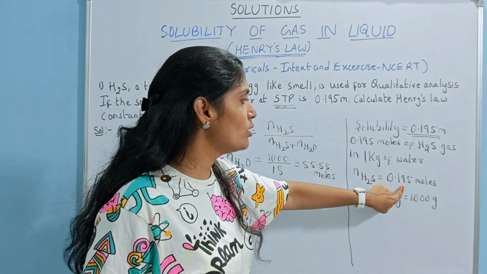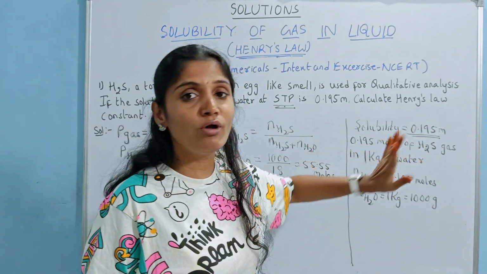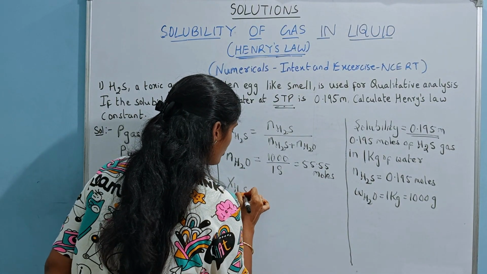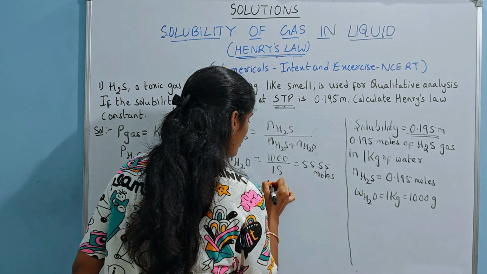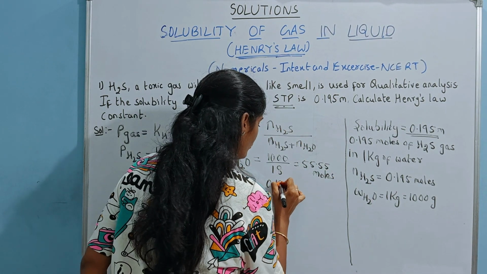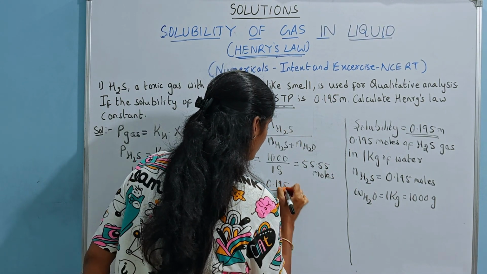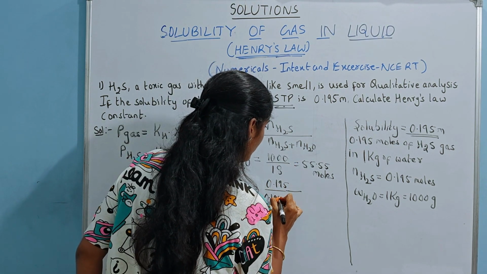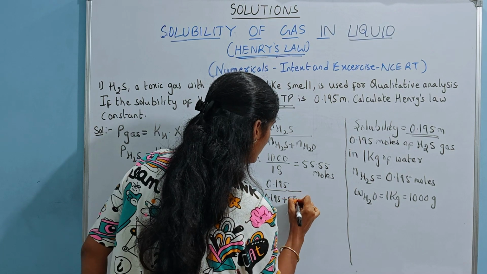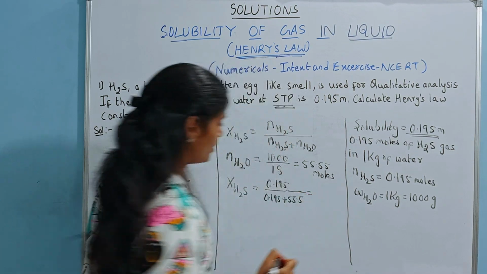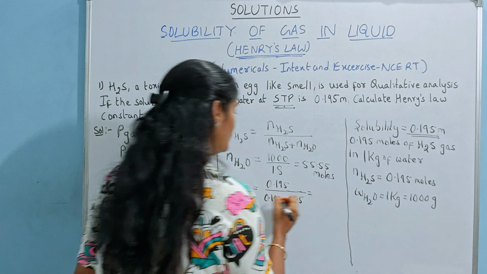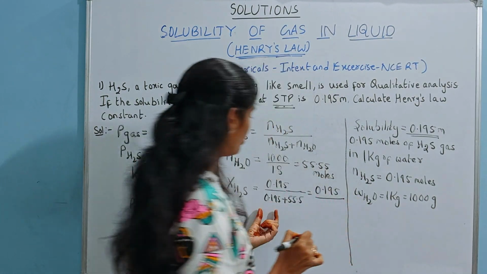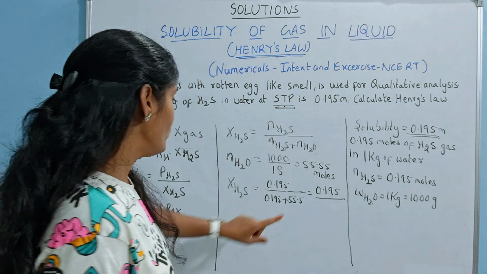I already have the number of moles of H2S from the molality term. Now I can find the mole fraction of H2S, which is the number of moles of H2S, 0.195, divided by 0.195 plus 55.5.